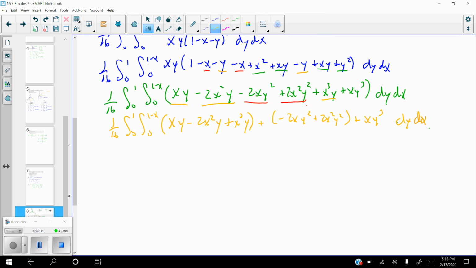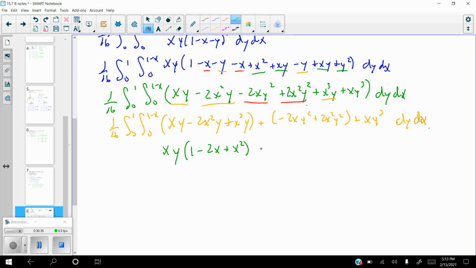Okay, so now let's find the commonalities. What can I pull out of each one of these parentheses? Well, it looks like I can factor an xy out of the first one, which will leave me with 1 minus 2x plus x squared.